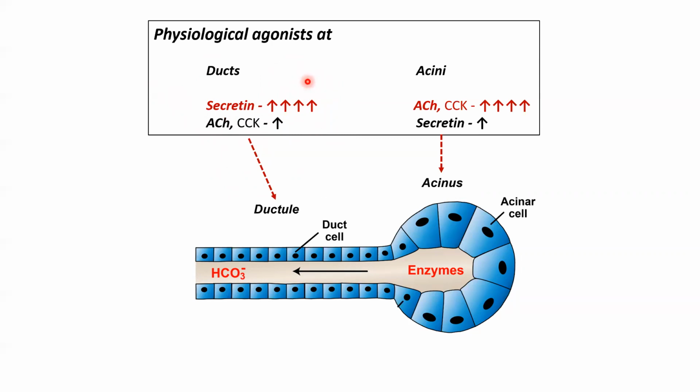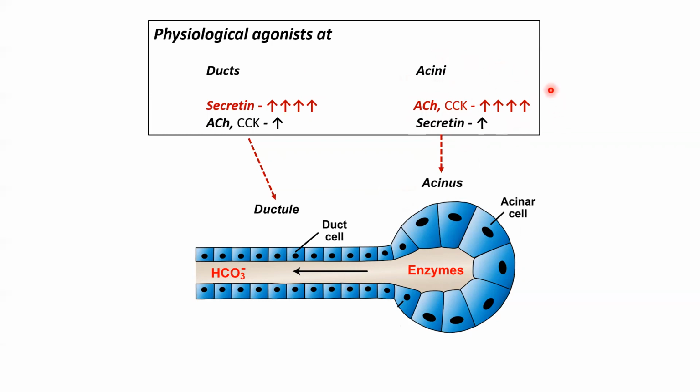It'll potentiate. I think it's going to be shown in another slide. But these two, because they're using different signaling pathways, potentiate the effects of each other. And then for the acinar cells, the major player is going to be acetylcholine, but you're going to need CCK to make it work. Remember, it'll be very similar to the gastrin-histamine axis.